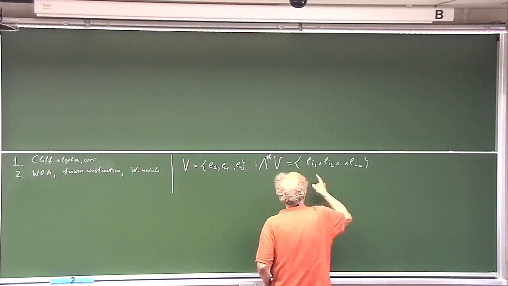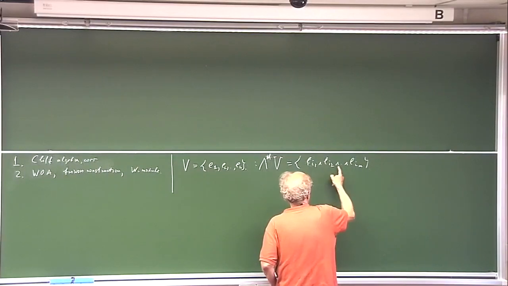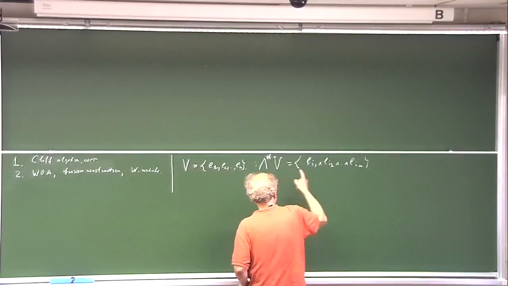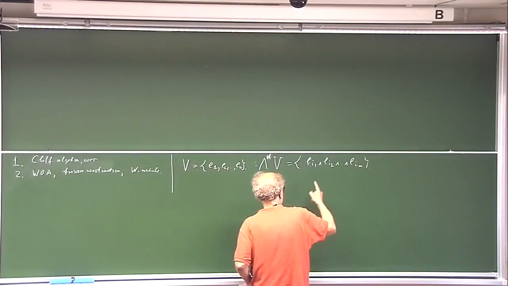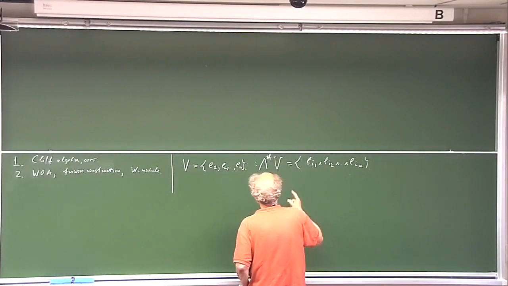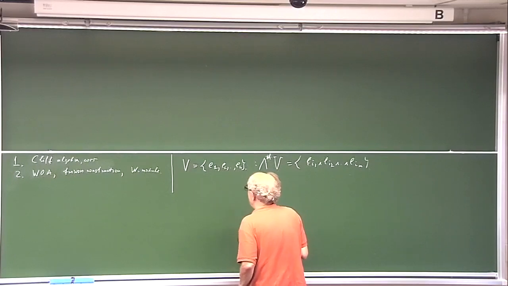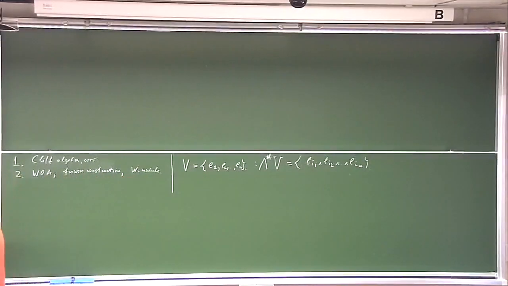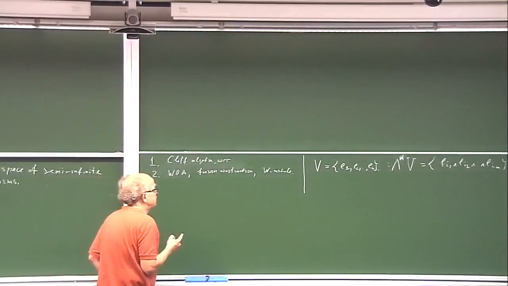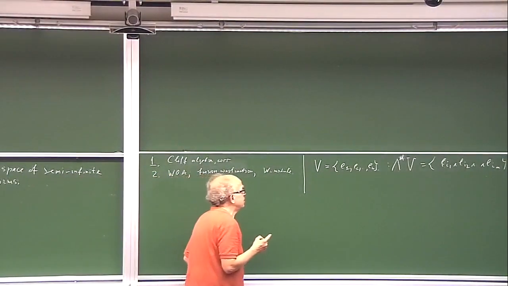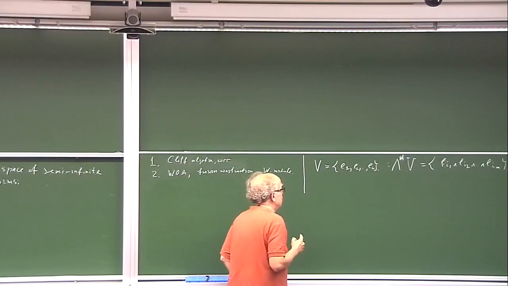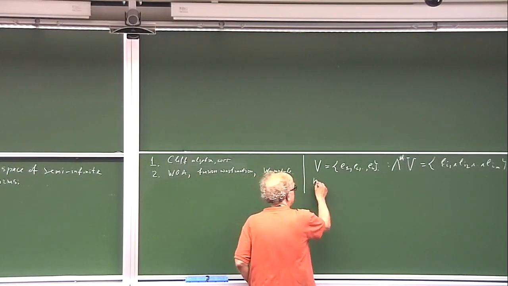Yes, and these indices are running in 1, 2, 3, and so on, and this thing is a basis in this space. And if you are talking about semi-infinite forms, then it is a natural question what to do if n is infinity.